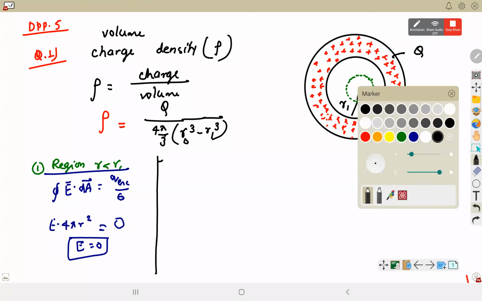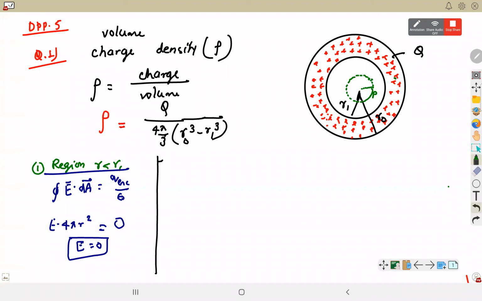Second, suppose we consider a point which is in between, the second region, when r is greater than R1 but less than R0. At any point here we will consider a spherical Gaussian surface. It encloses some amount of charge, not all of it.